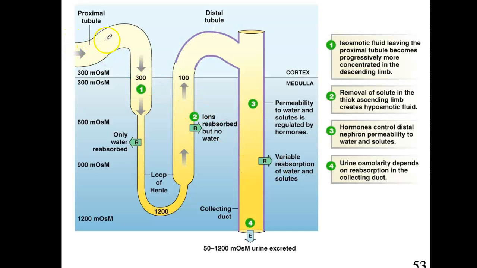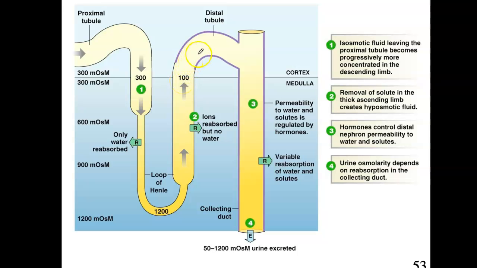So we draw again the proximal tubule, the descending limb, ascending limb, and collecting duct. And we have isosmotic fluid leaving the proximal tubule. This is pretty much like blood, and it progressively becomes more concentrated. I'm reading it here to you in the descending limb. And as it comes up, the removal of solute in the thick ascending limb creates hypoosmotic fluid, slightly lower than it was before.